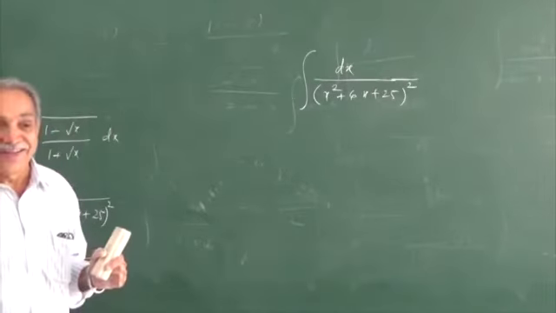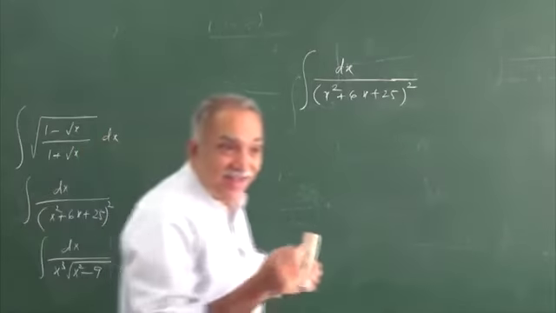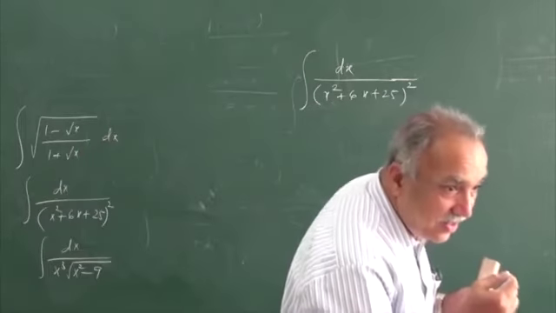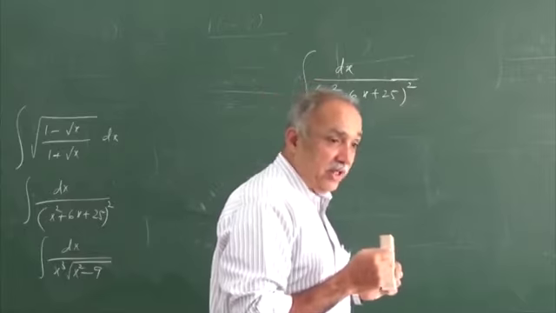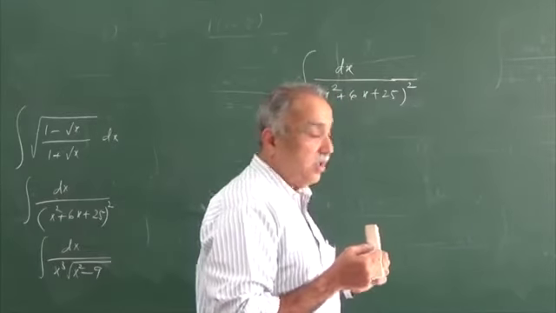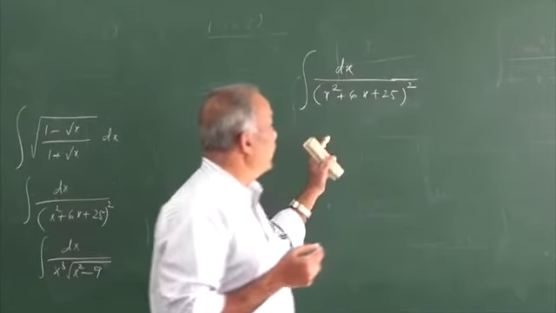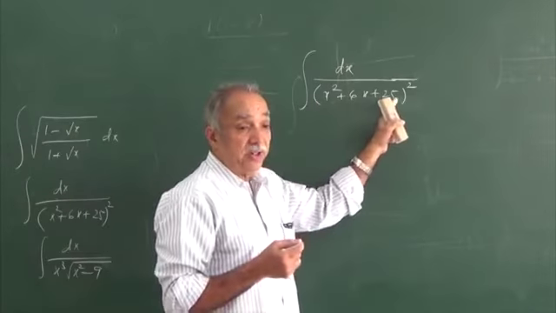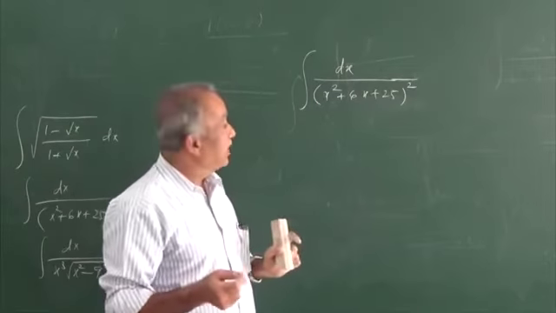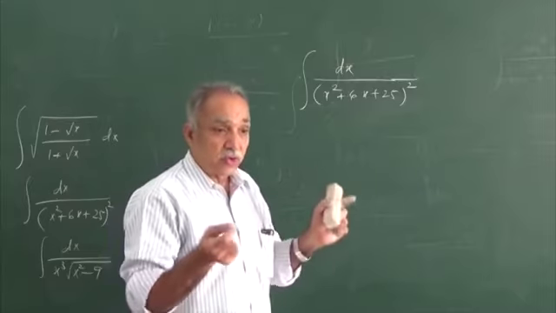Yes. Divide numerator and denominator by x square. Numerator becomes 1 by x square. Denominator becomes square of x plus 6 plus 25 by x. That's all. X plus 6 plus 25 by x whole square.